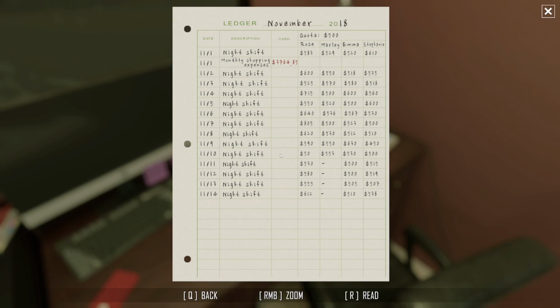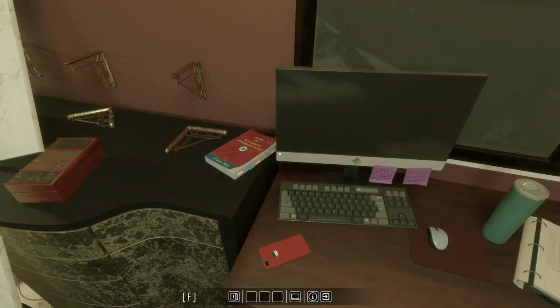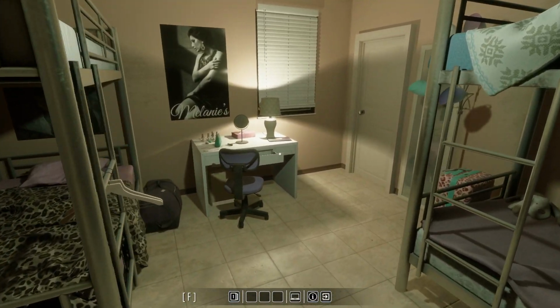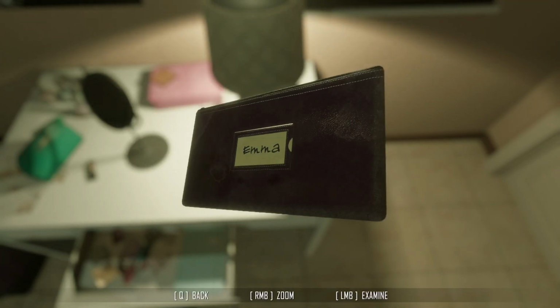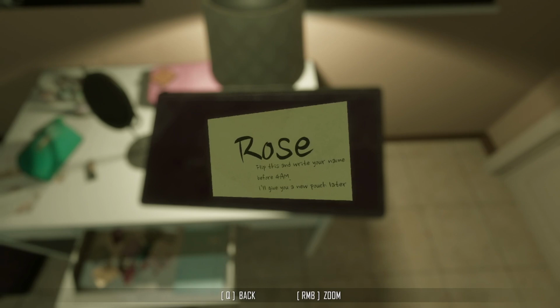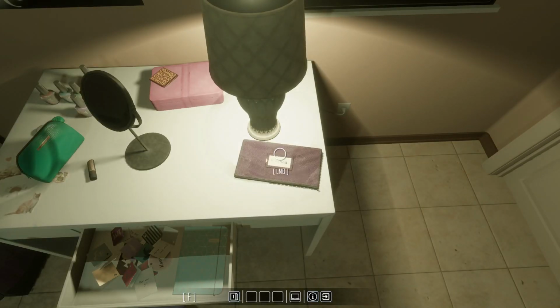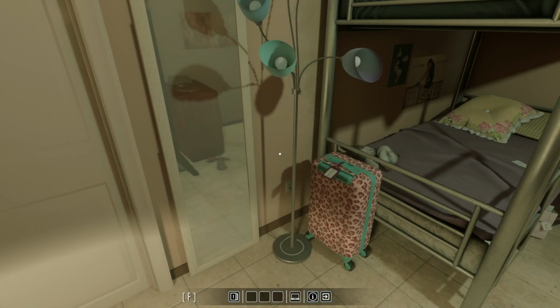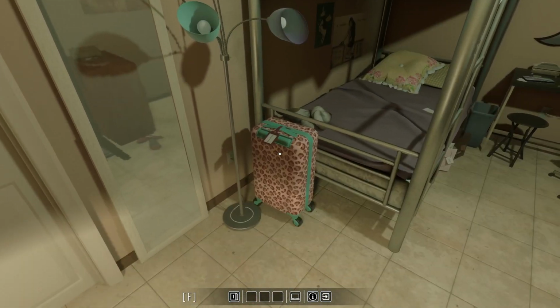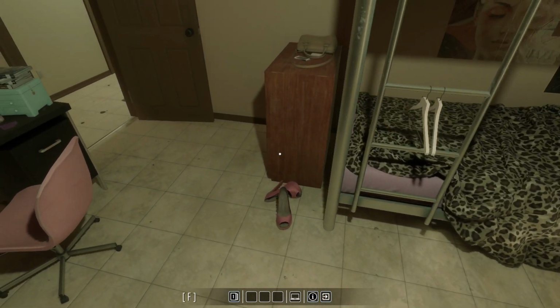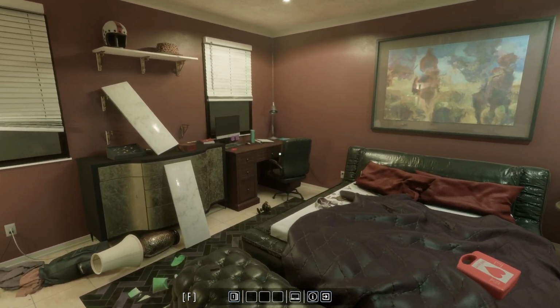Rosemary, Emma, and Stephanie. Okay. Wait, what was the... Damn, it runs fast in here. Emma. Rose, flip this, write your name before 4 a.m. I'll give you a new pouch later. So Emma would be in this room. Fairly certain. Stephanie and Marley. So would it be Rose actually in here?